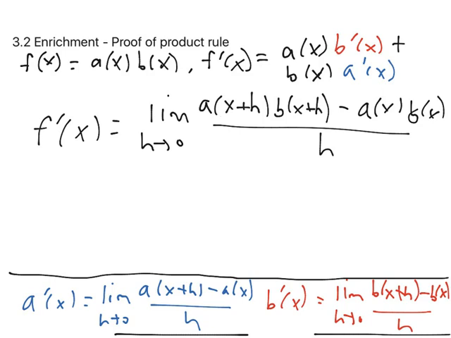Now what I'm going to do is, we have two terms here. We have the a of x plus h times b of x plus h term, and we have the negative a of x times b of x term. I'm going to separate them.